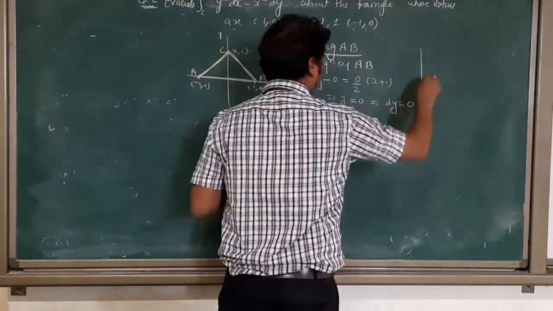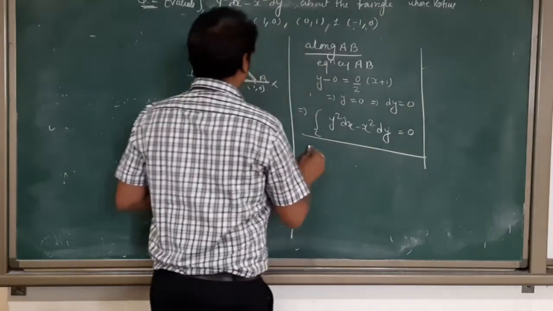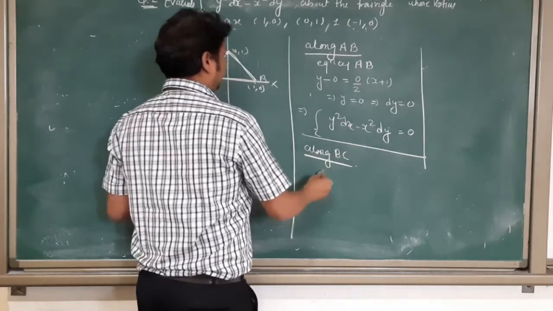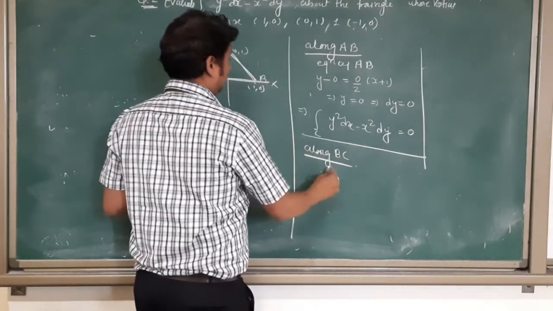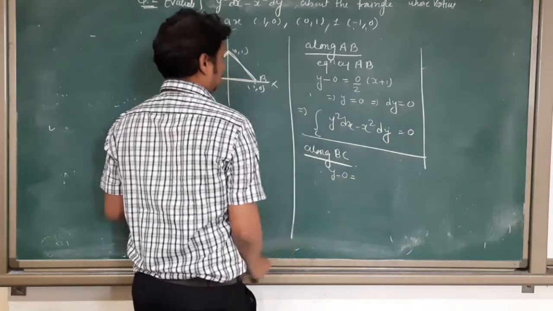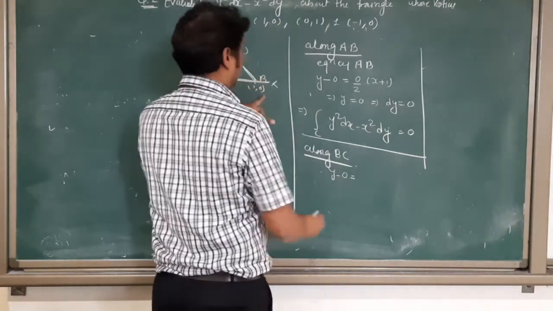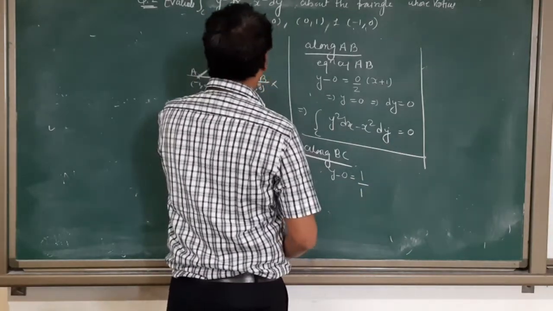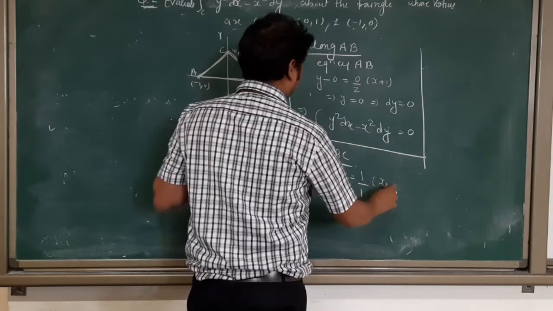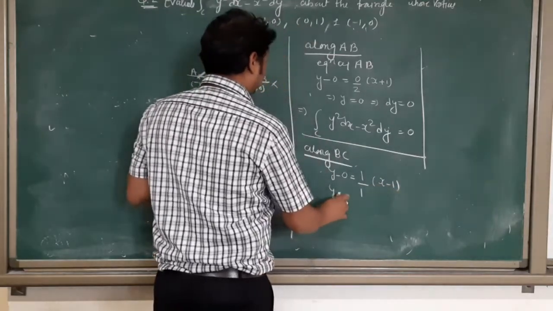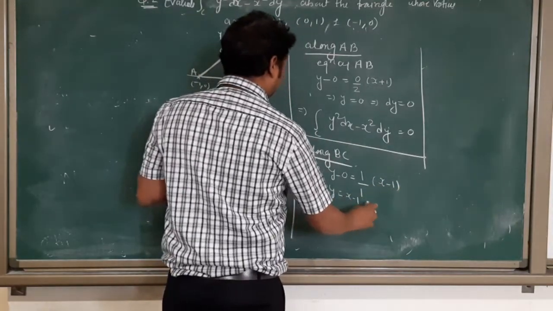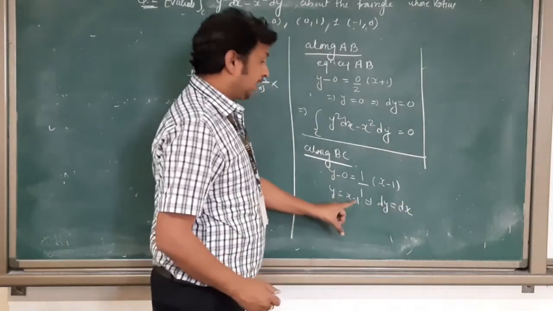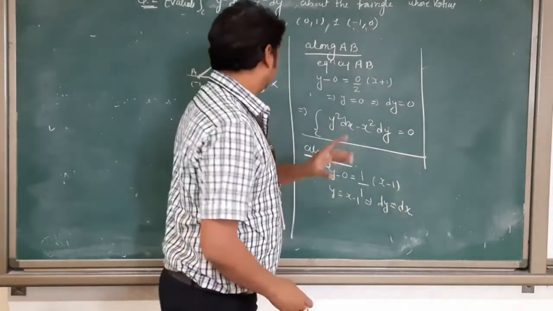Similarly, now calculate along BC. What is the equation of the line? y minus 0 is equal to (y2 minus y1) means 1, upon (x2 minus x1) means 1, times x minus x1 means 1. So what is the equation? y is equal to x minus 1. So what is dy? dx. In place of y put x minus 1, in place of dy put dx.